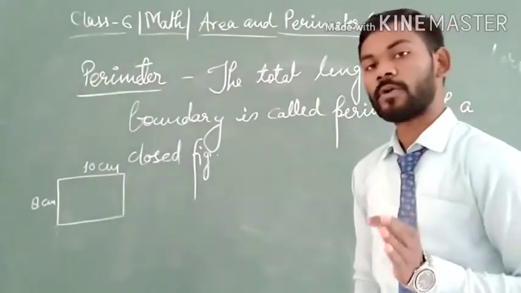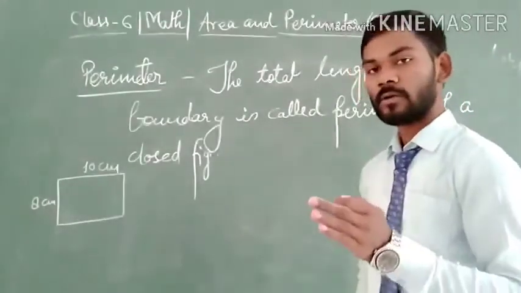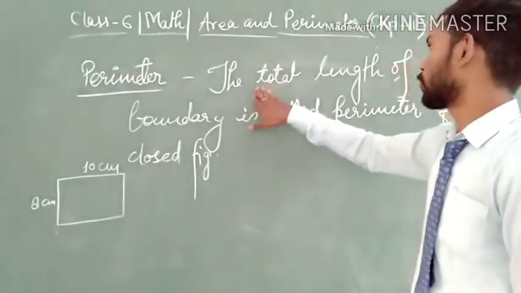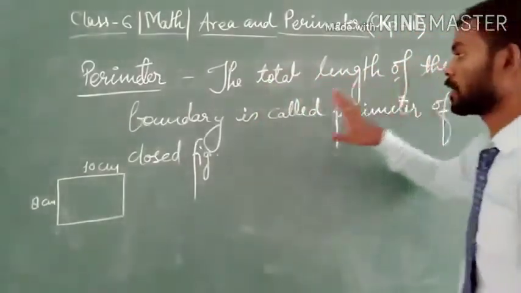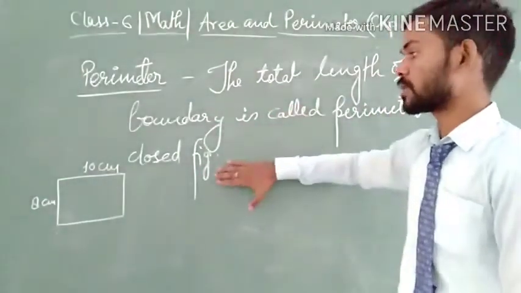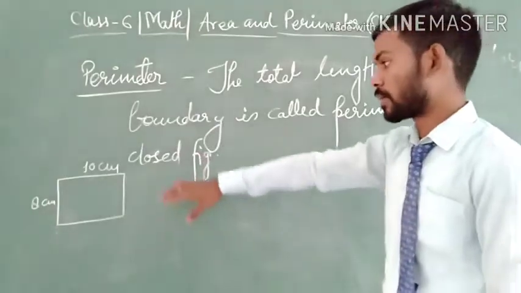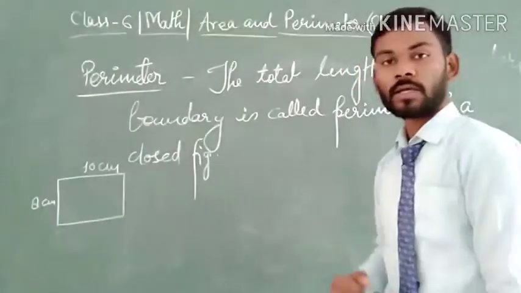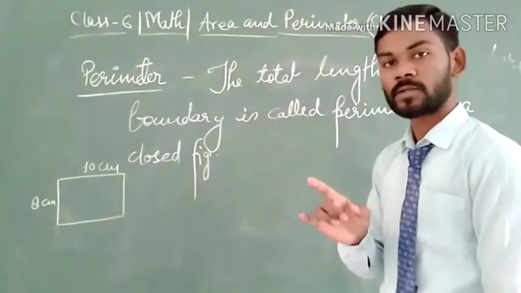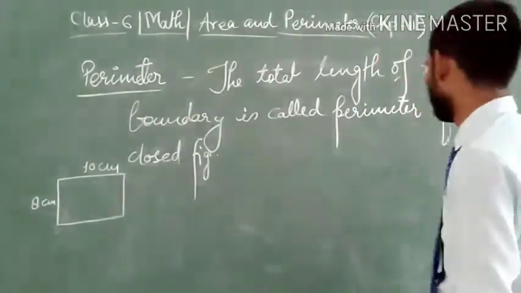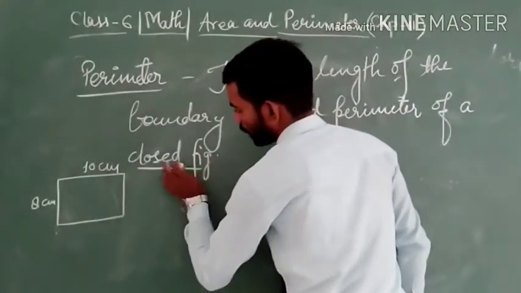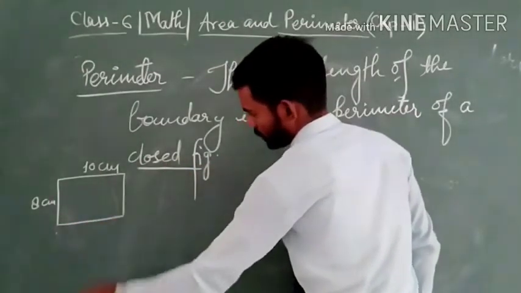First of all, let's see what the definition says. The total length of the boundary of a closed figure. Since this is the rectangle and we know that a rectangle is always closed, this word has been satisfied here.